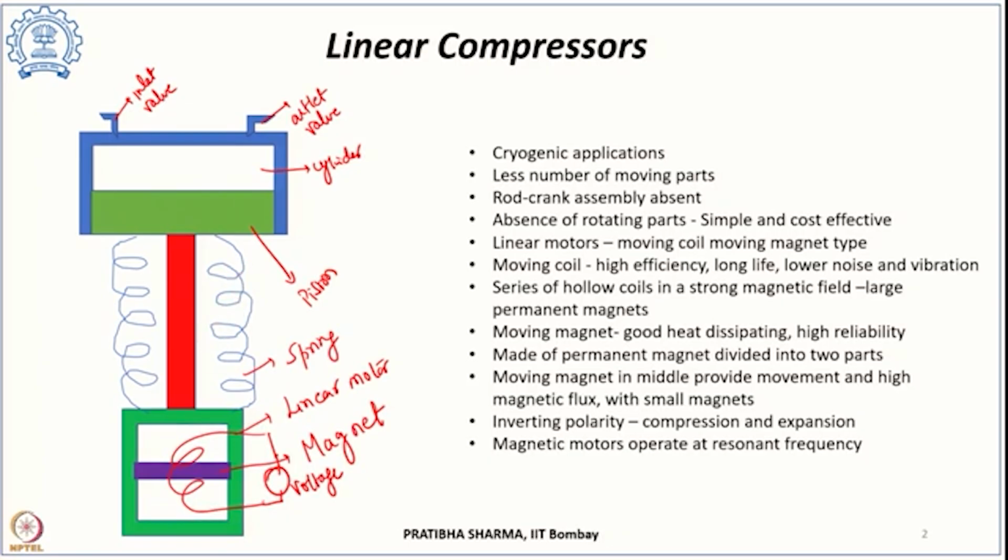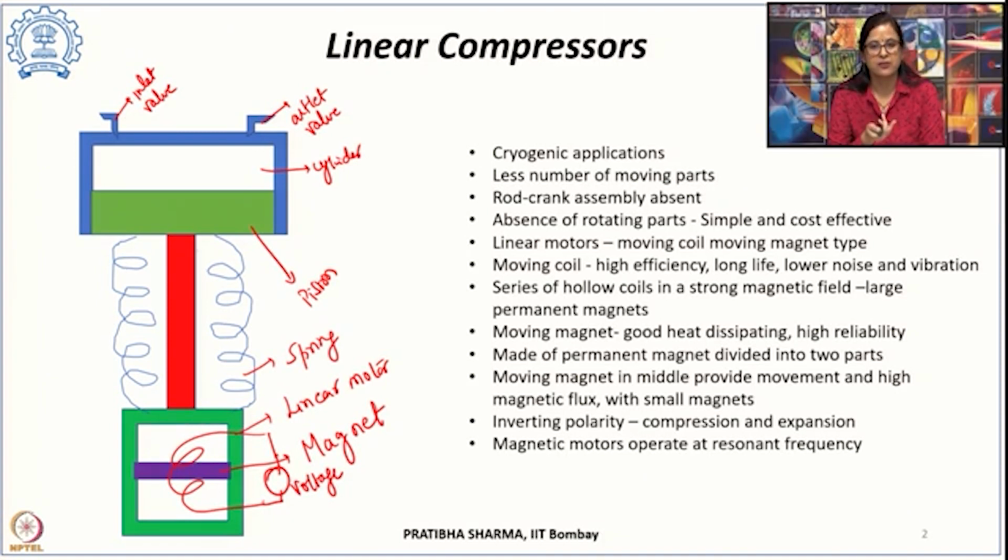Now, these linear motors are of magnetic type, and these can be moving coil and moving magnet type. If we look at the moving coil type of linear motors, then these have very high efficiency, long life, and lower noise and vibrations, and in them there is a series of hollow coils, and those hollow coils are in a strong permanent magnetic field which is provided by a permanent magnet.